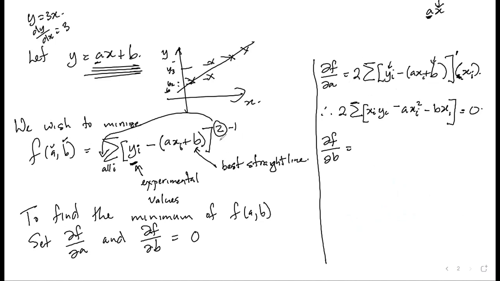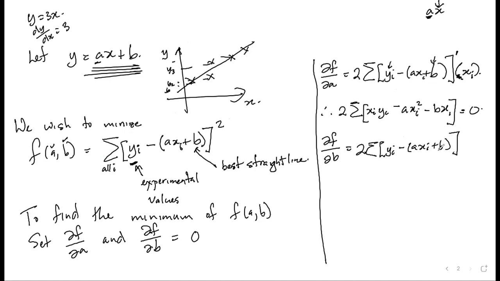All right. So now, back to this. Now we have to differentiate with respect to B. Same thing, we carry down the 2: yi minus axi plus b.